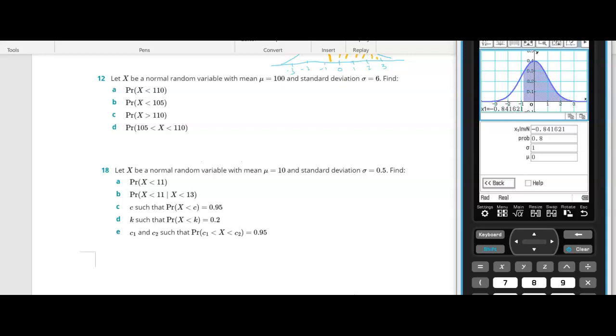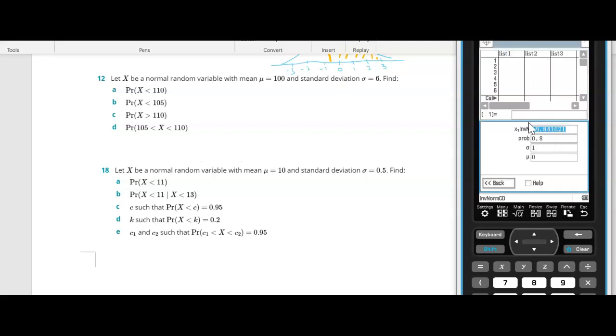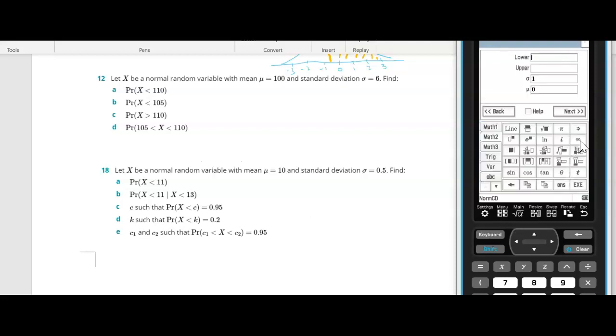Let's go back to distribution, normal CD. This time we're going from x is less than 11, so we're going to start with negative infinity, and our upper limit is 11.